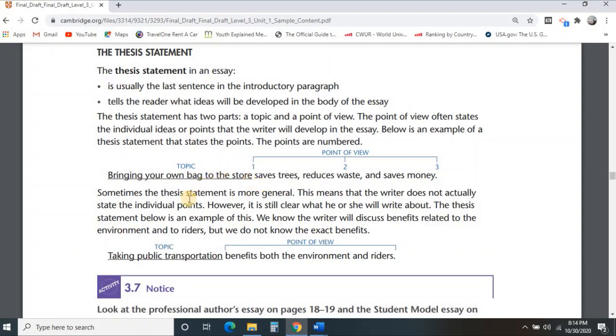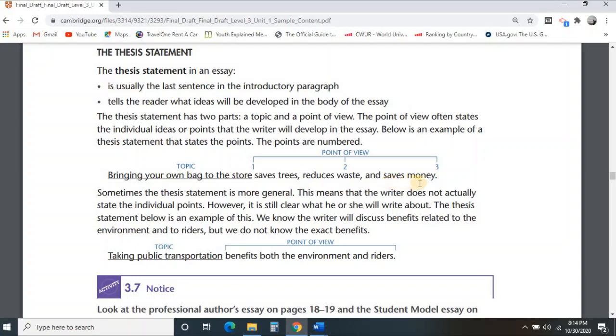Okay, now the second body paragraph's topic sentence should look something like this: bringing your own bag to the store reduces waste. Or, reducing waste is another benefit of bringing one's own bag to the store. And the last topic sentence in the third body paragraph should look like: bringing your own bag to the store saves money.